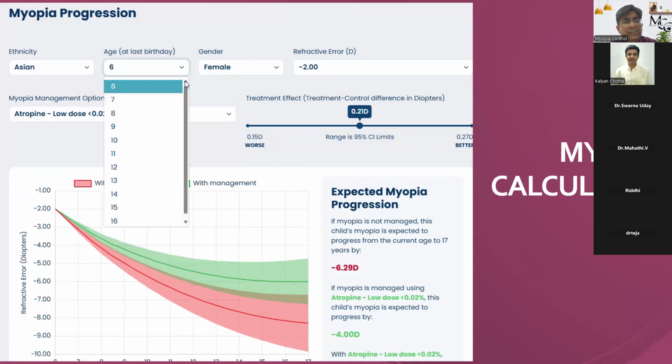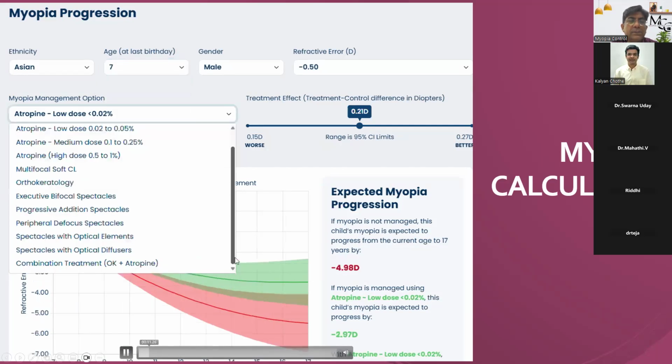I will press 0.5 to 1% also, and you will see that BHVI believes that if you are giving 0.5 to 1%, the progression will immediately stop. They will show you this.